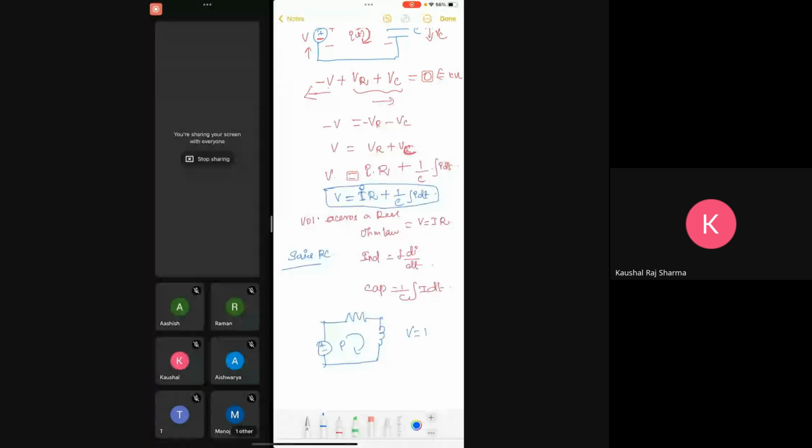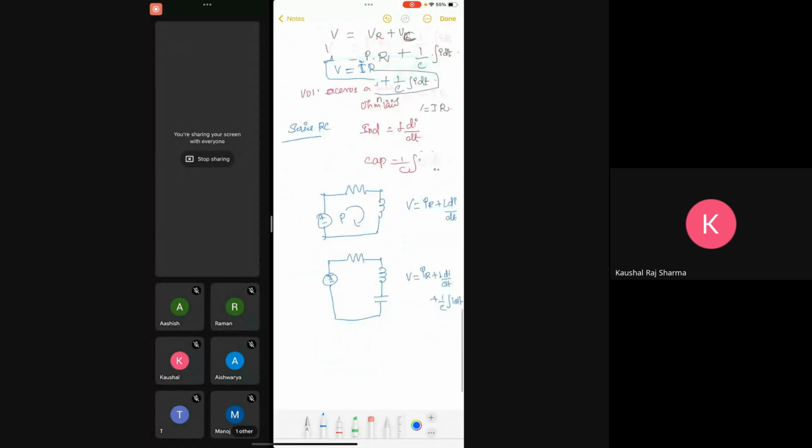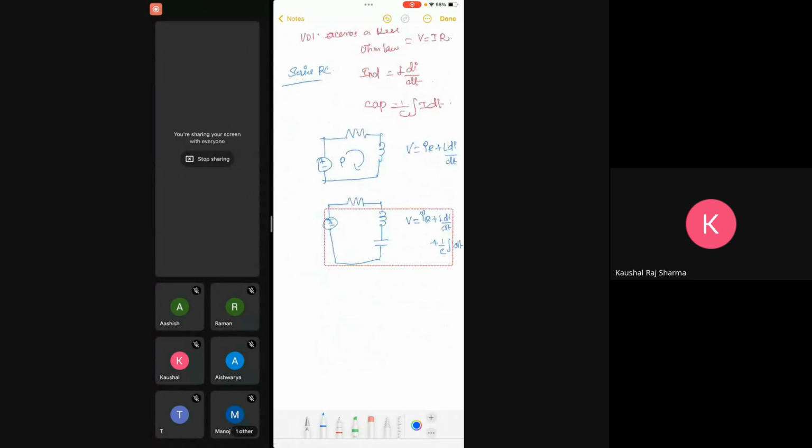That's it. So if I put everything together, how will it become? An inductor and a capacitor together, V equal to IR plus L di by dt plus 1 by C integral I dt.